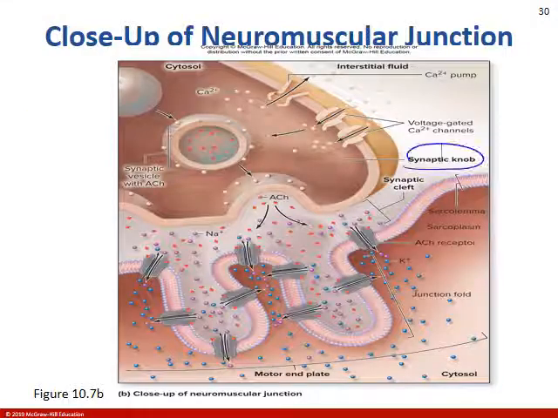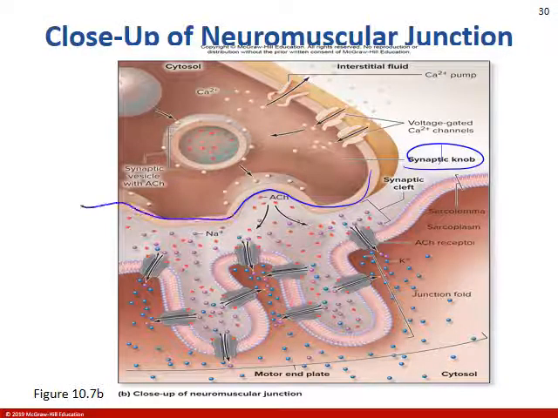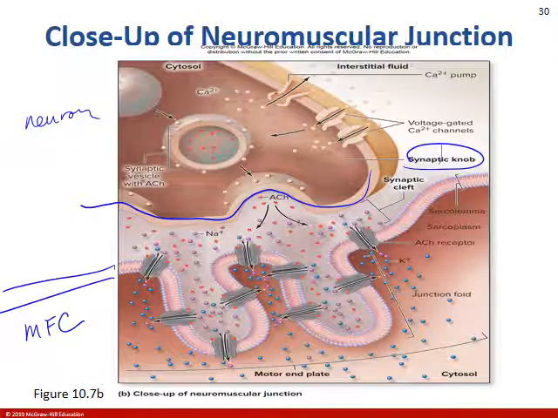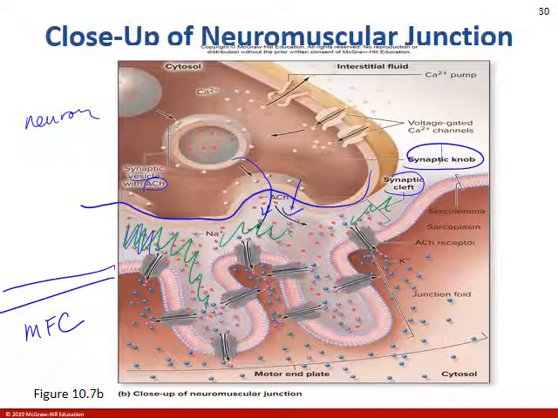So again, same image. Here's our synaptic knob of our neuron. Here is the plasma membrane, so this has to be our muscle fiber cell. We have the vesicle filled with acetylcholine, and the vesicle is eventually going to deposit the acetylcholine outside of the neuron. This is the synaptic cleft. So all of this space is the synaptic cleft.